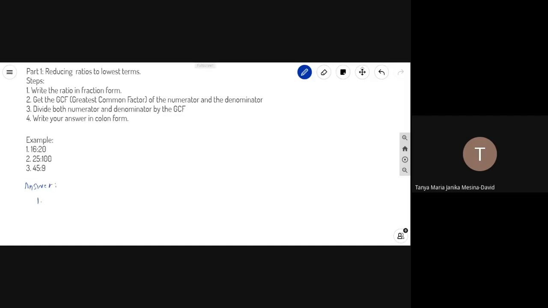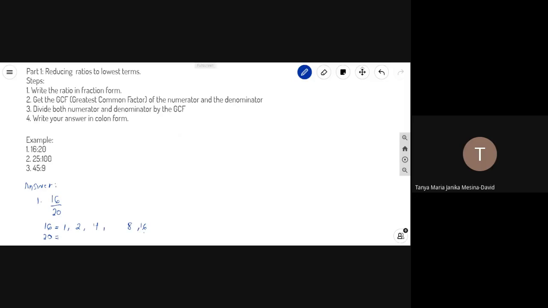According to the steps, we have to write the ratio in fraction form. Hence, it will become 16 over 20. Next, we get the GCF, and for this I will first use the listing method. I will list down all the factors of 16 and 20. For 16, I have 1 times 16, 2 times 8, and 4 times 4, so I'll just put 4 there.